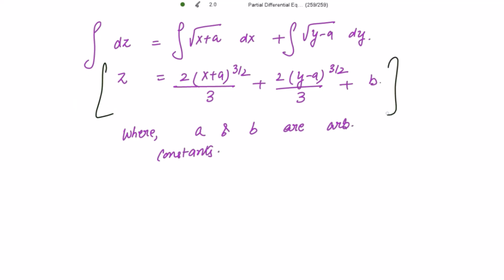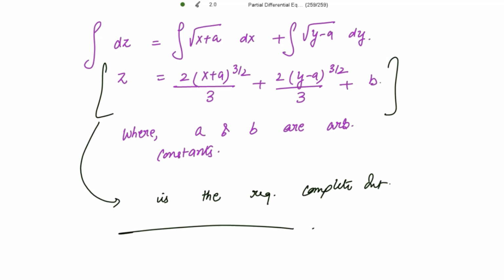So this value of z is the required complete integral. Alright, thank you. Stay blessed.